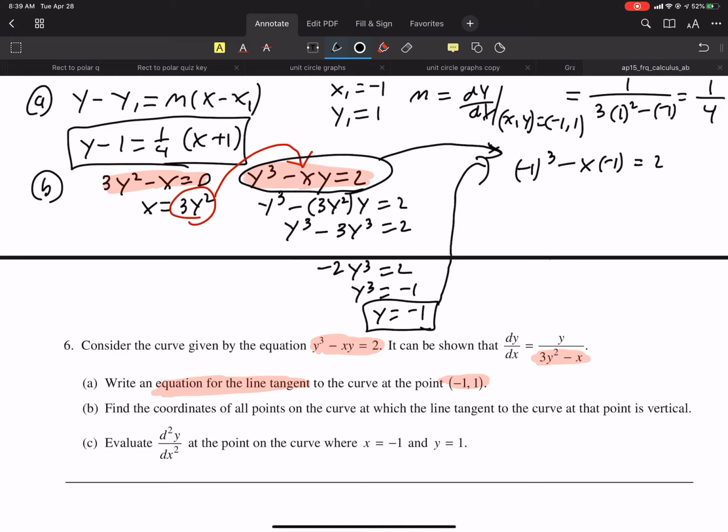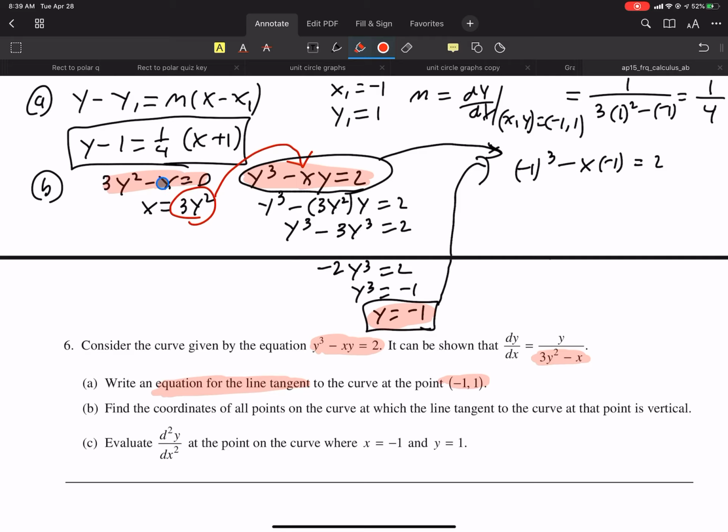So why do we take the original equation? Because we have the y coordinate where the tangent line is vertical. So what gives us x coordinates? Well, we have to use our original equation because that's the one that finds the coordinates of the point. The equation here is the denominator of the derivative.